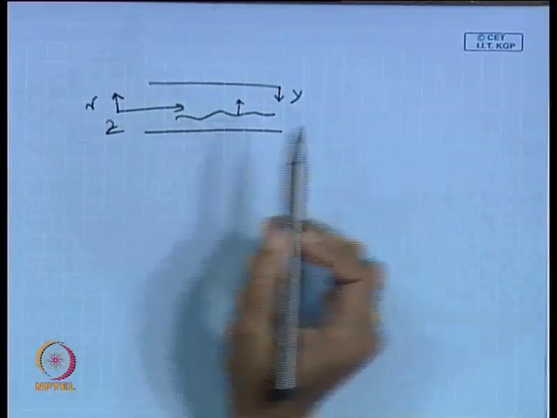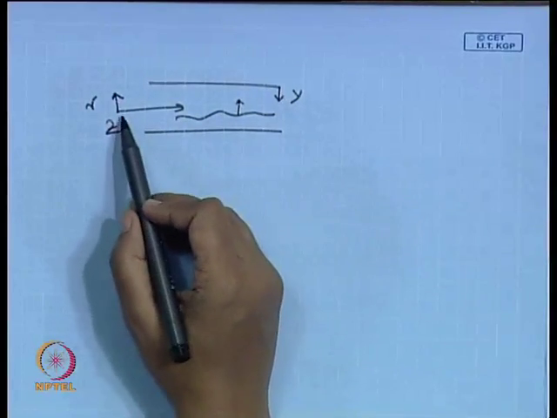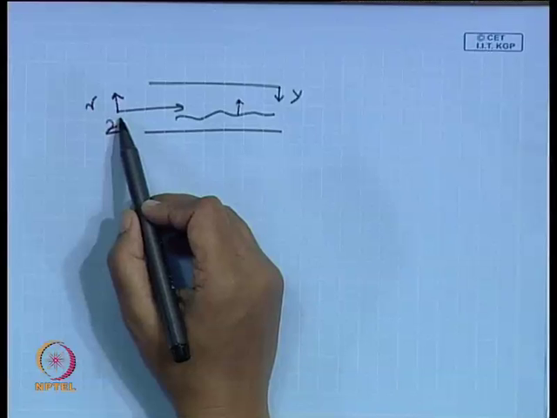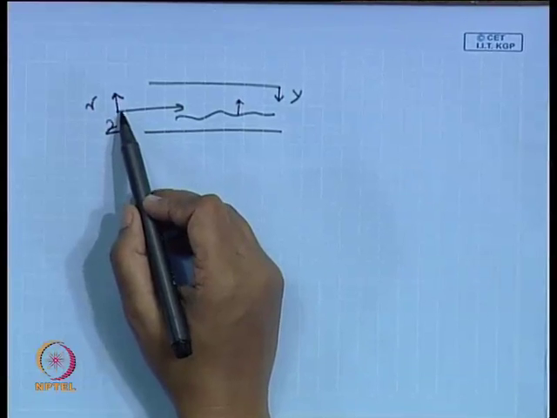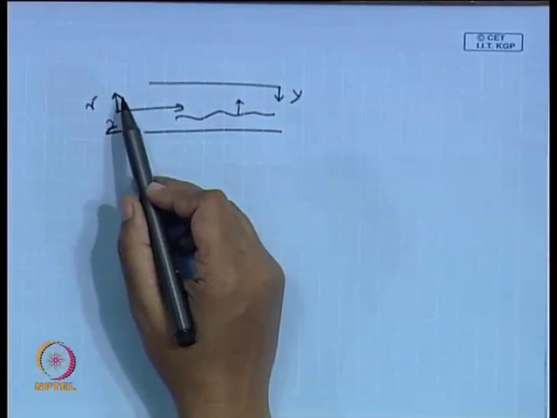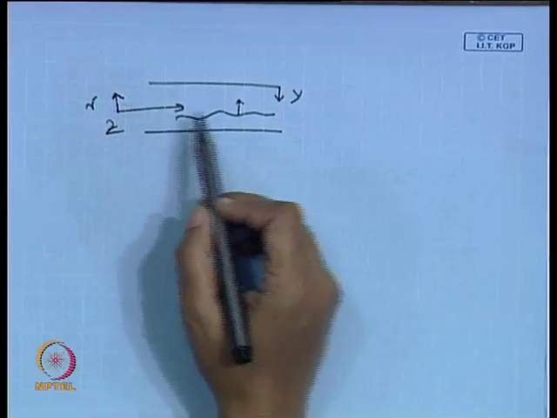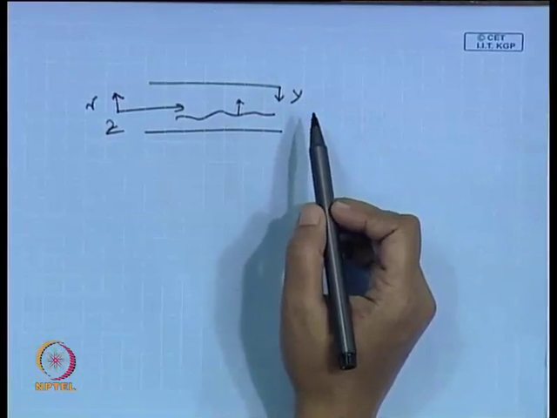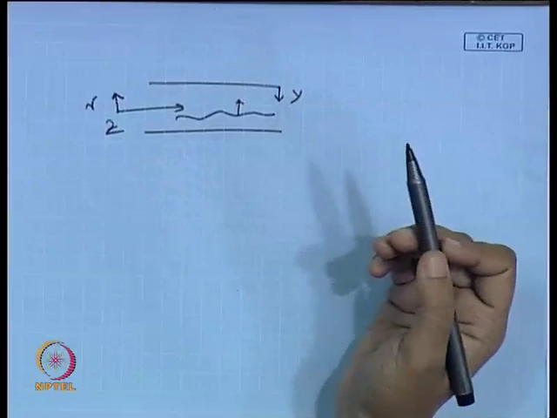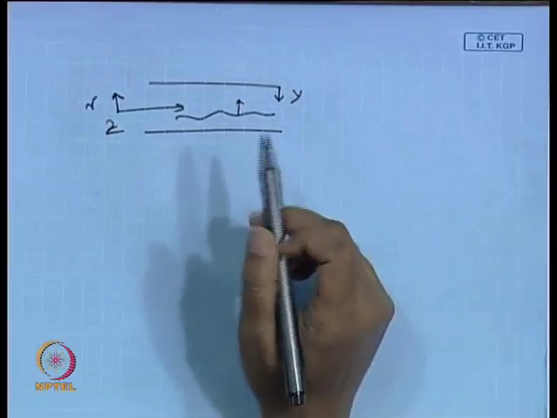In the direction of flow it is z, and perpendicular to the direction of flow from the tube axis in any particular tube, we take it as the radial coordinate r. Usually y is taken as the distance from any particular boundary. It can be an interface, it can be the solid wall, whatever it is, distance from there is taken as y.